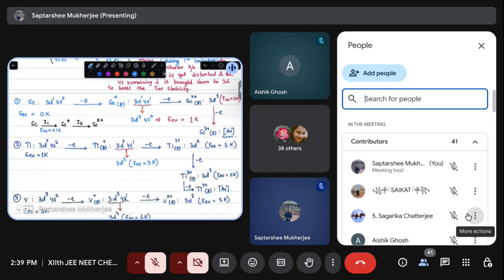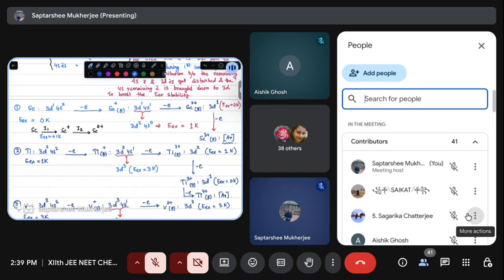And to scandium 2 plus, I have again lost exchange energy, no? So it is minus 1k. That means scandium plus was exchange energy 1, and scandium 2 plus has become 0. Can you follow? Yes, sir.